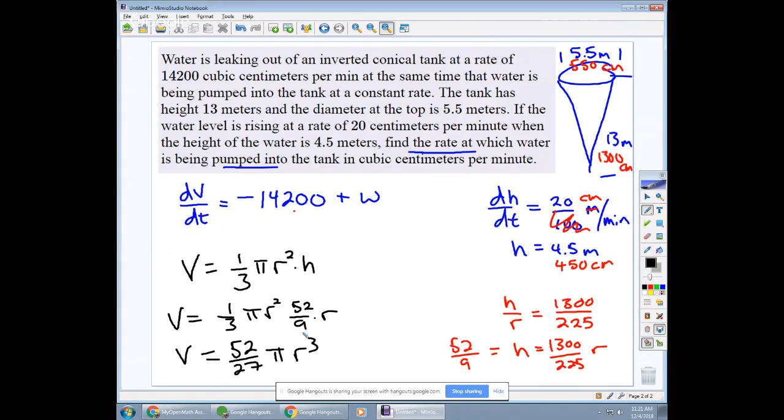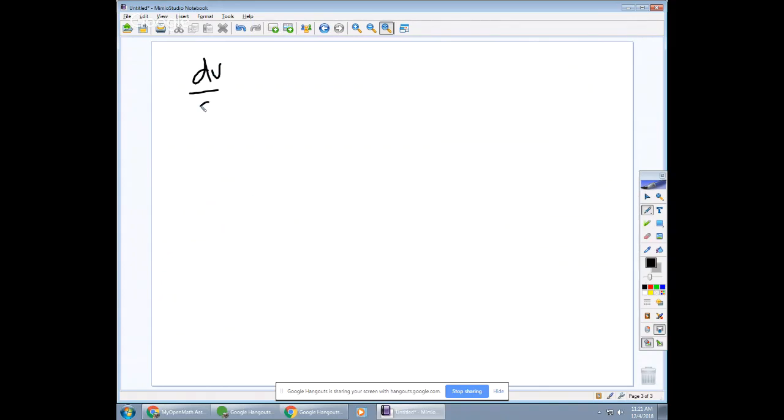So we take the derivative with respect to time on both sides. We get dV/dt equals 52 over 27 times pi times 3r squared dr/dt, which cleans up a marginal amount because 3 goes into 27.